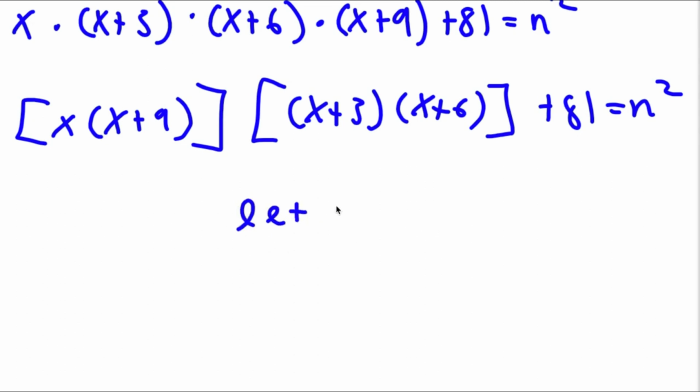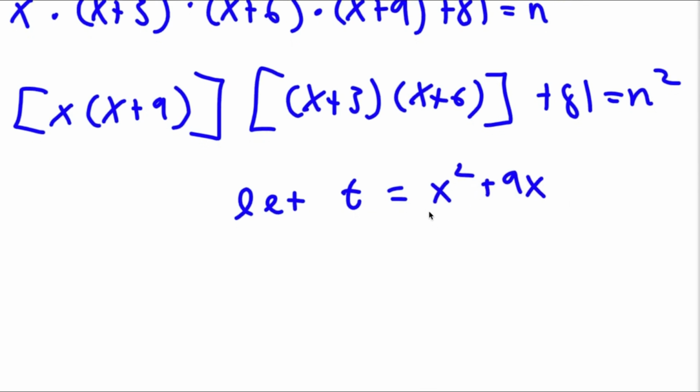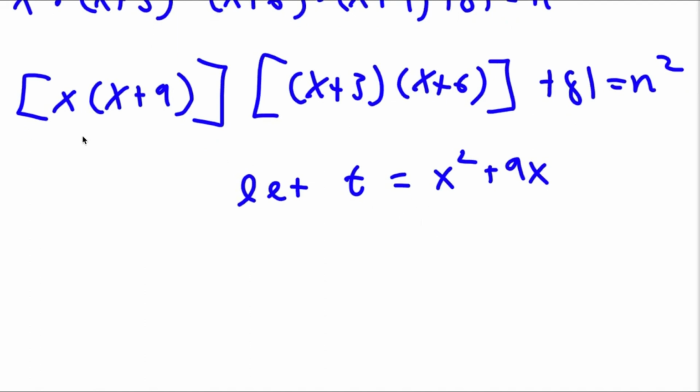Now I'm going to let t equal x squared plus 9x. So as you see here, we have x times x plus 9.